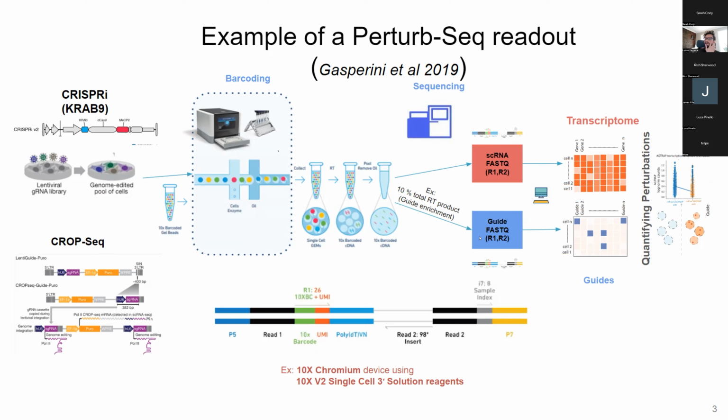You want to align these FASTQ reads for guides and transcriptome, and you get two matrices: one cell by gene, and another cell by guide. Since this is a high MOI experiment, the same cell can have multiple infections, so you find a different number of guides in those cells.